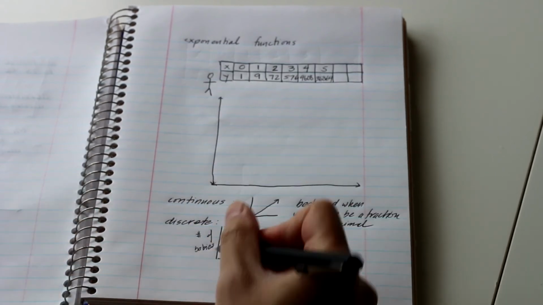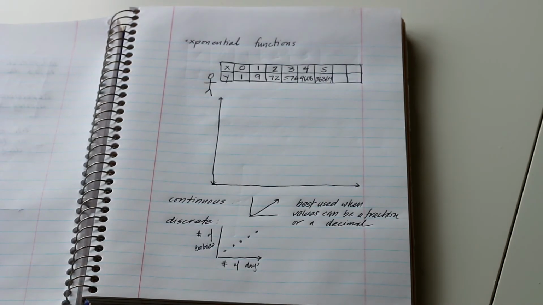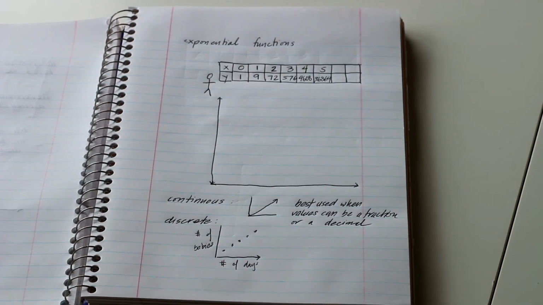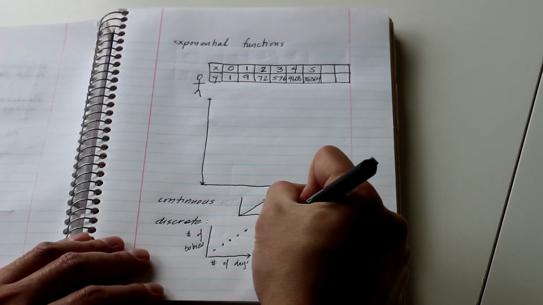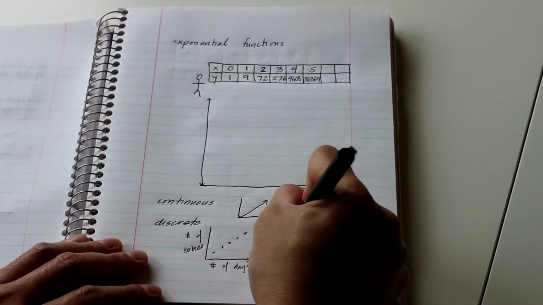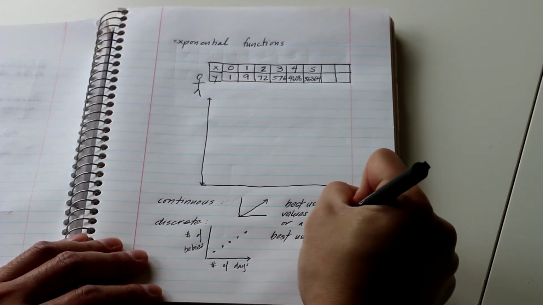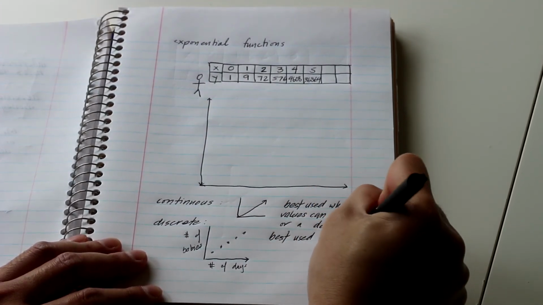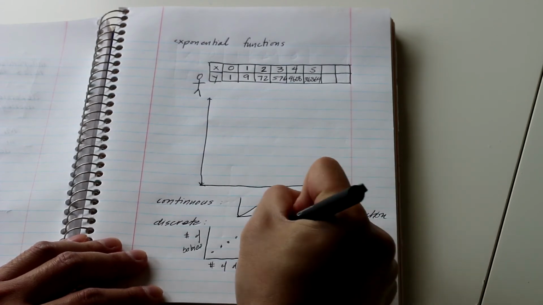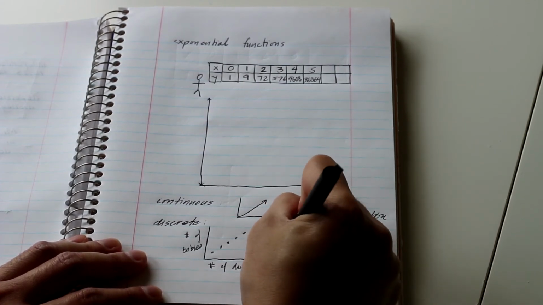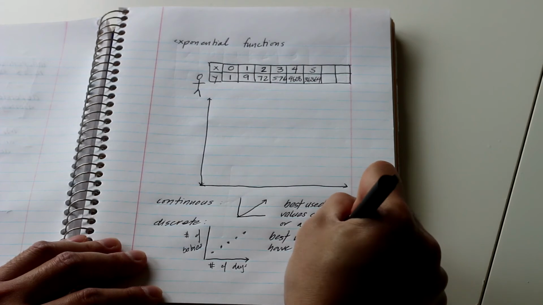Now, if I were to connect all these dots, that would be me saying that I could have half a baby, and that's not really good to have, right? So that's when we use discrete, right? So this is best used when values have to be whole numbers.